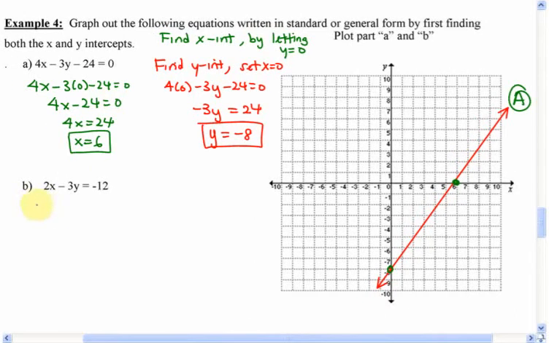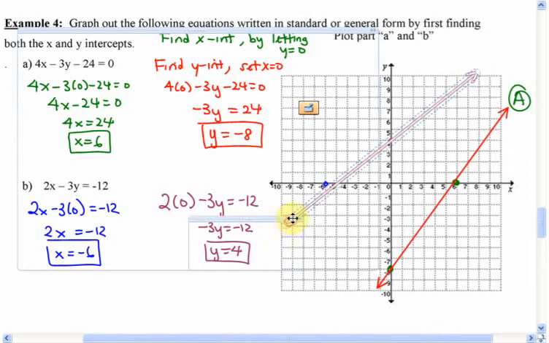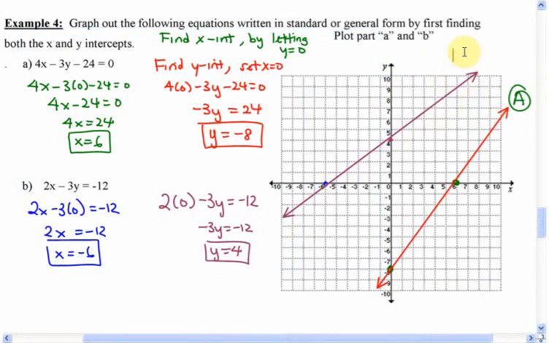I'll do it quietly here. There you go. There are the two lines, A and B. So, very simply, instead of making an ugly table of values, just find the x and y intercepts.